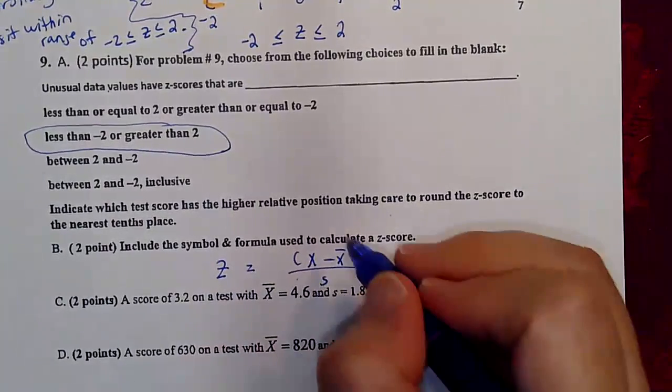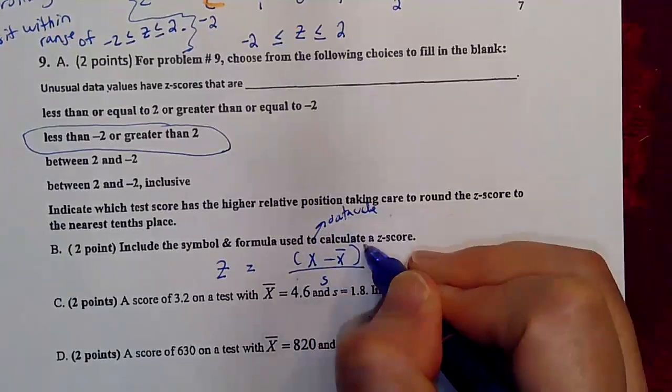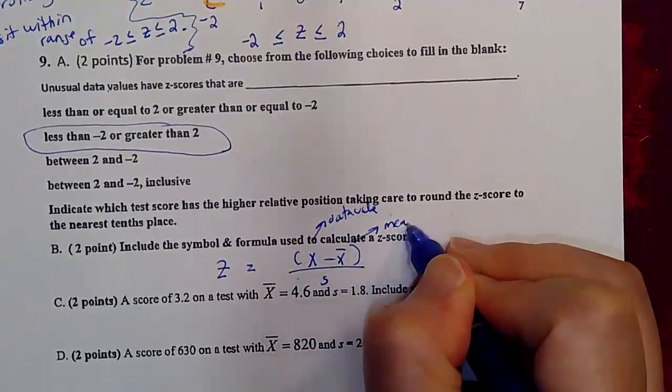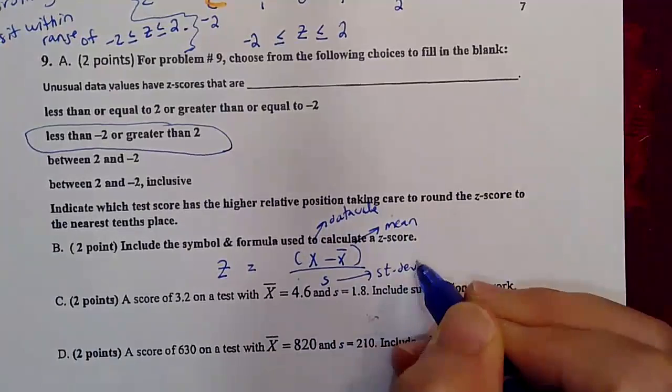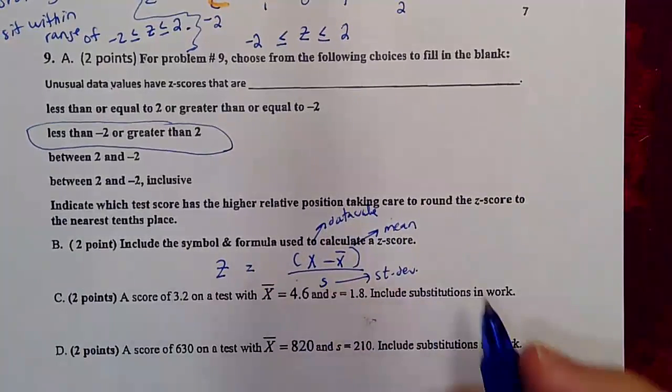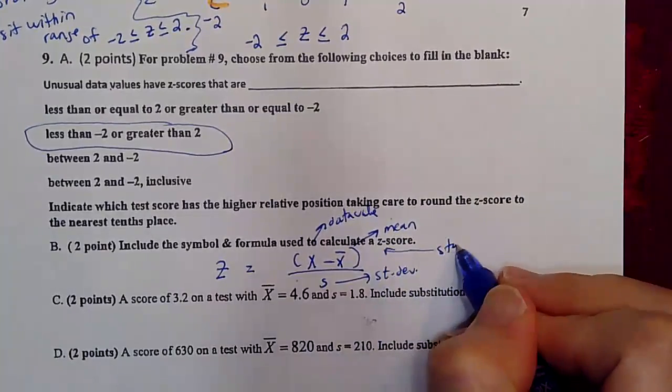So x is your data value, this is your mean, x bar, and of course s is the standard deviation. And z is a z-score, a standard score.